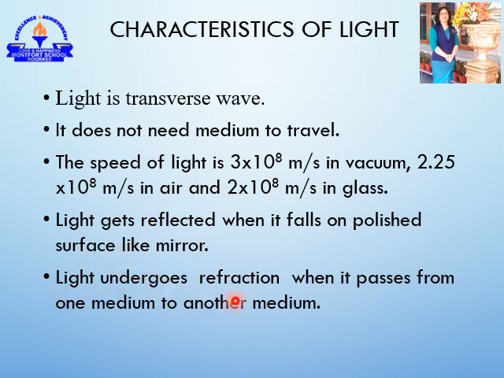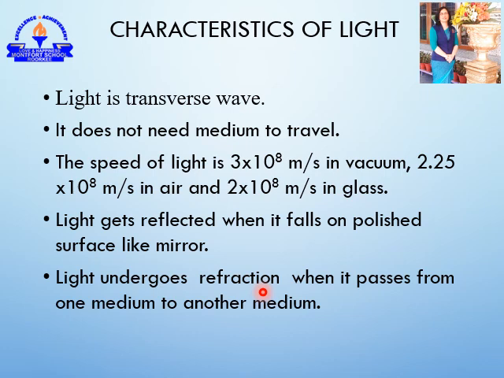Light undergoes refraction as well. Now this is a property when light enters from one medium to another medium. For example, light entering from air to water. It gives another property that is known as refraction of light. You might have seen bending of light.